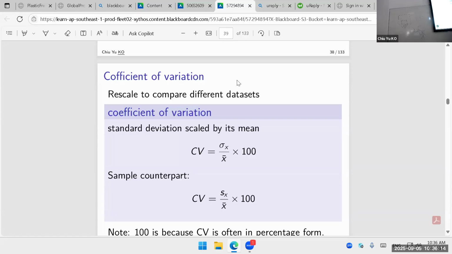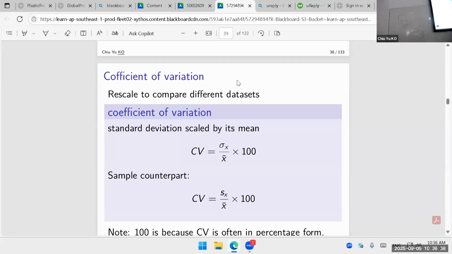So comparing the variance or standard deviation across midterm and final will not be very meaningful because they're on different scales. By dividing by the mean, you rescale it so that you can compare the variation, the coefficient, right? So that's why they call it coefficient of variation.